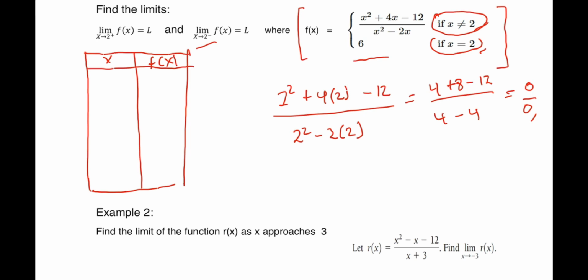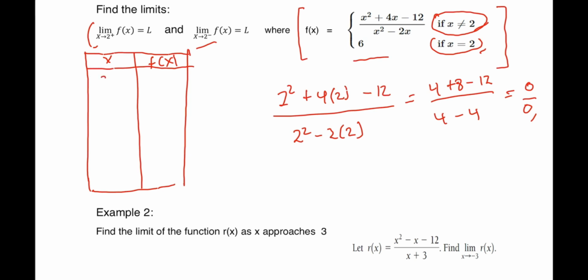First we take x approaching 2 from the right. As I told you last time, when approaching 2 from the right, you pick a value somewhat close to 2 from the right. In this case, you pick 3.